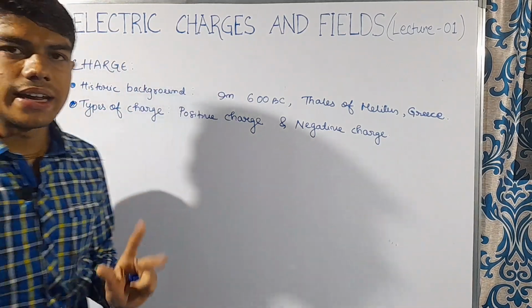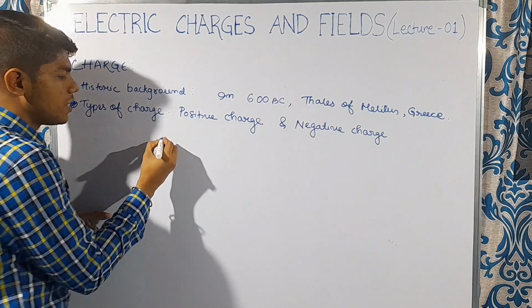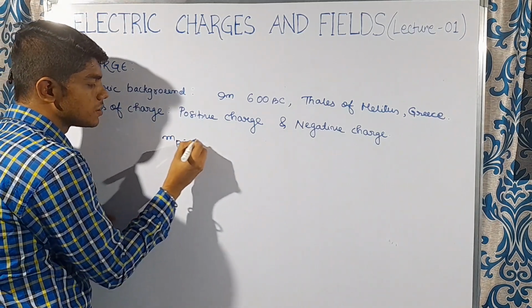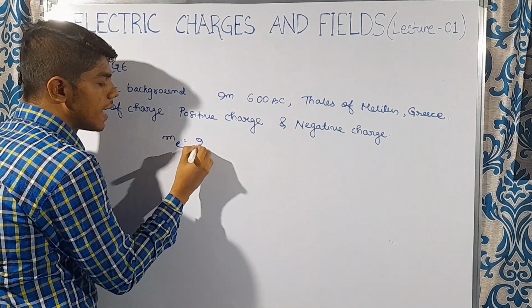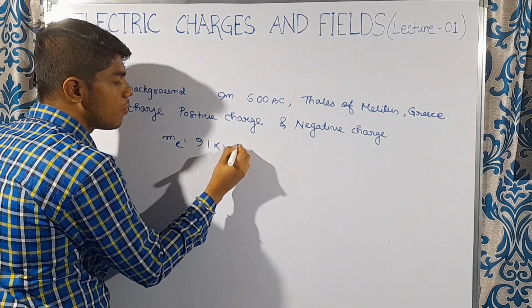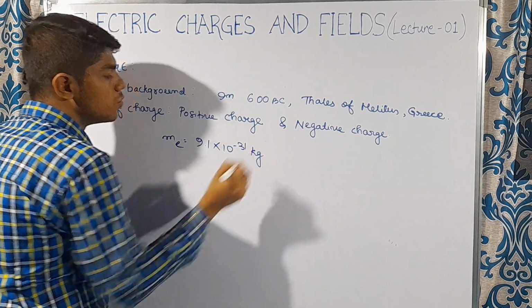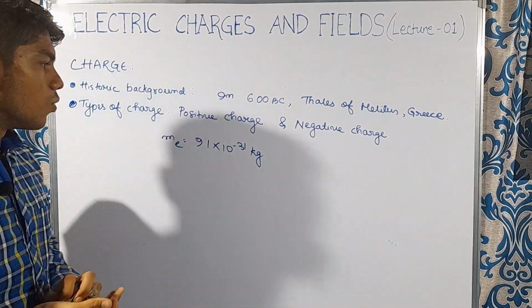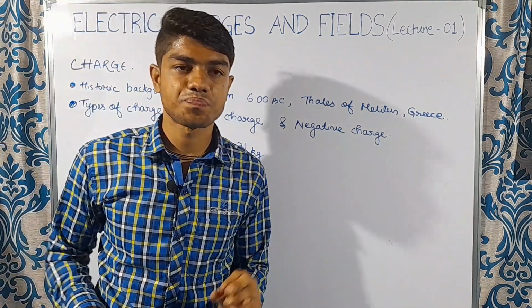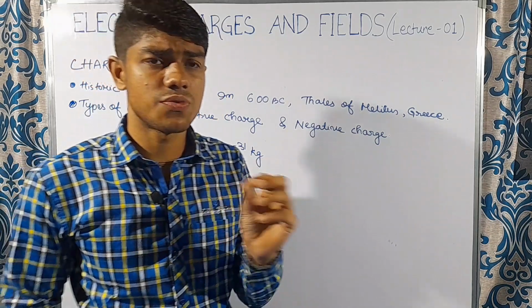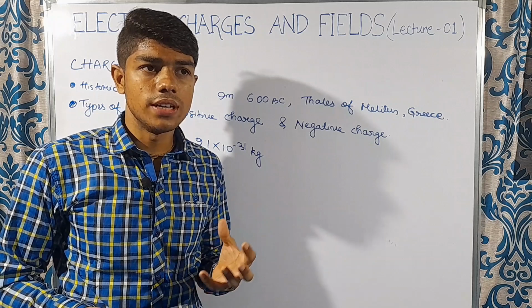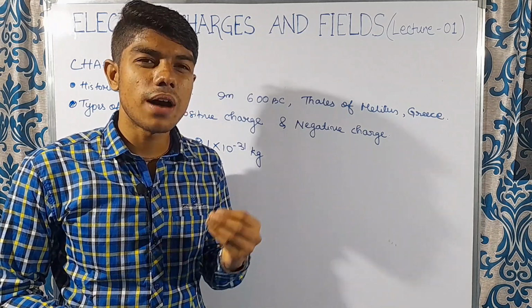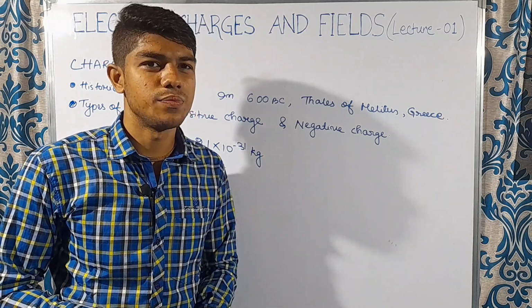Now, electrons have a finite mass. We all know that the mass of an electron is 9.1 × 10^-31 kg, which is finite. So whenever electrons are getting transferred from one body to the other, or whenever any body gets charged, its mass also changes slightly.